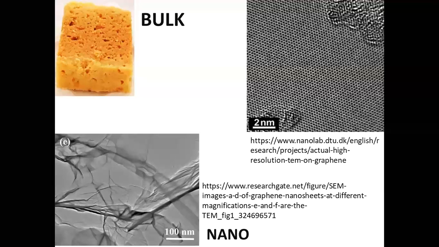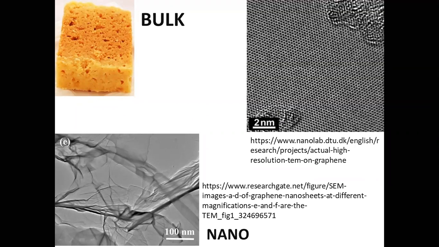The SEM and HRTEM images of graphene are shown in the present slide. You see the hexagons of carbon atoms in the TEM image, with a scale of 2 nanometers.